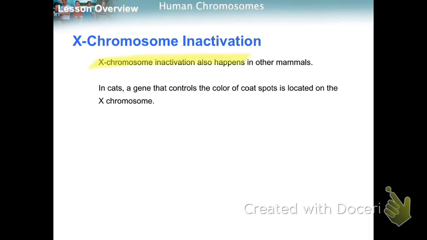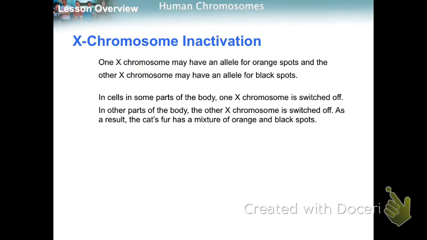X chromosome inactivation happens in other mammals. In cats, a gene that controls the color of spots is located on the X chromosome. One X chromosome can have an allele for orange, the other X chromosome can have an allele for black.